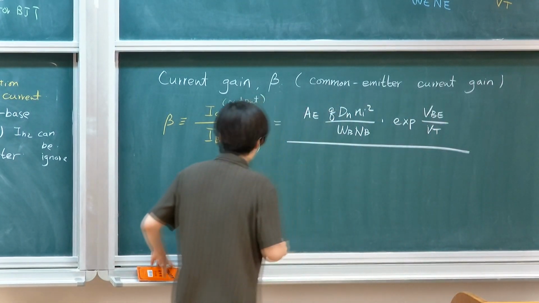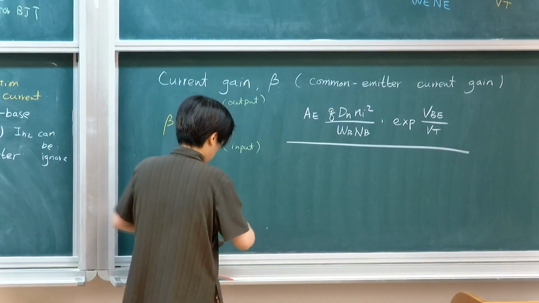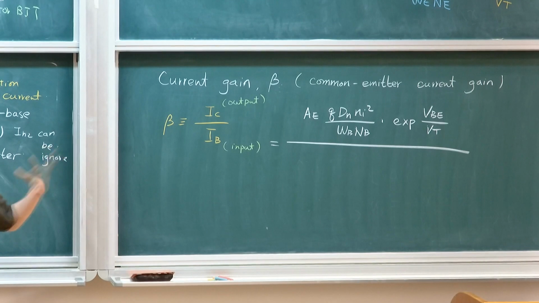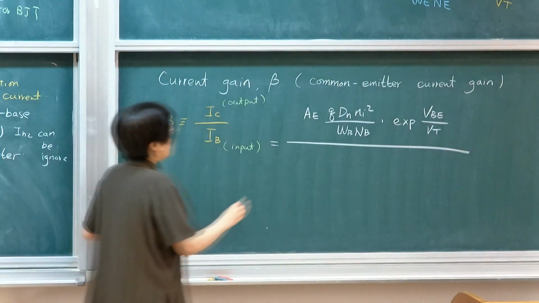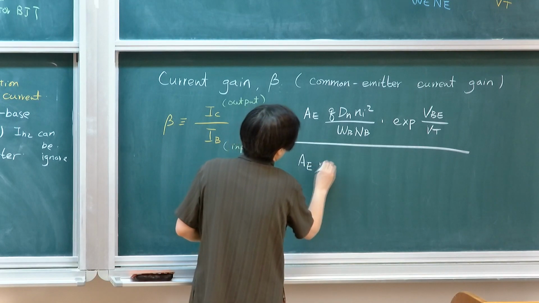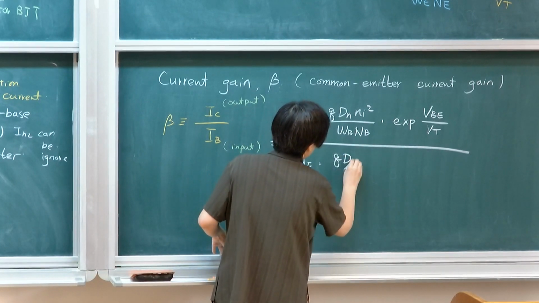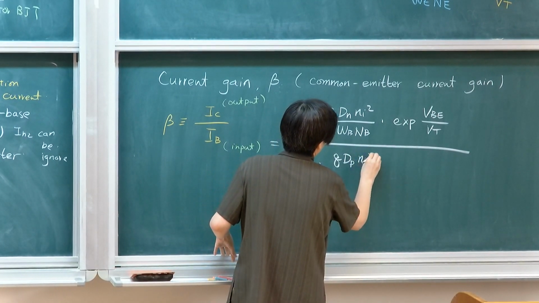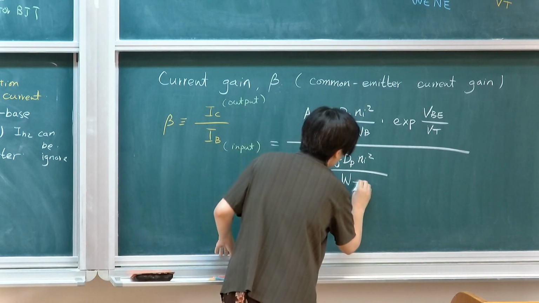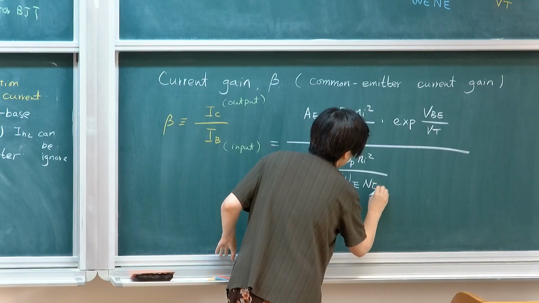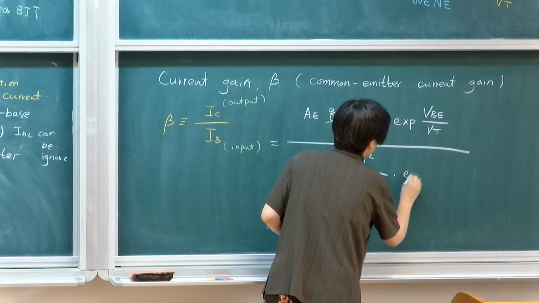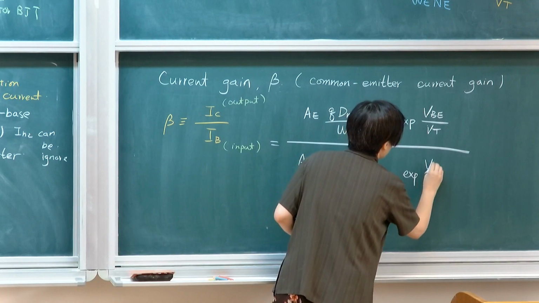This is IC, and the bottom is IB. The reason why I'm writing the whole thing is because the top and bottom cancel a lot. On this side, I'm also given the IB: AE Q DP NI squared over WE NE, times exponential VBE.